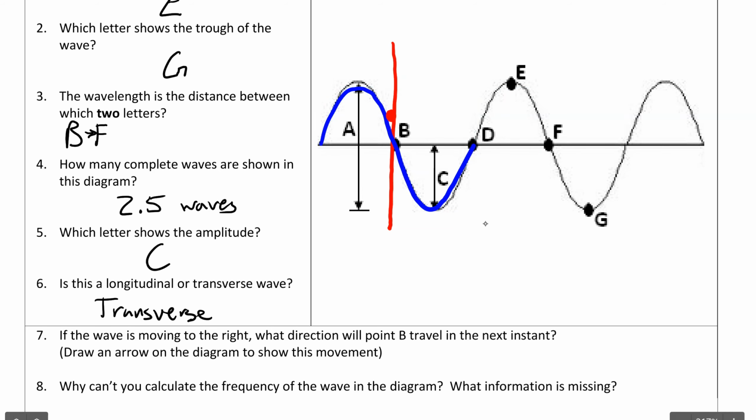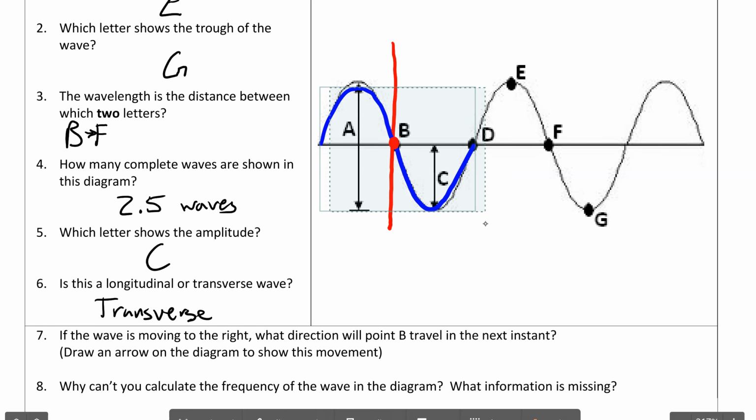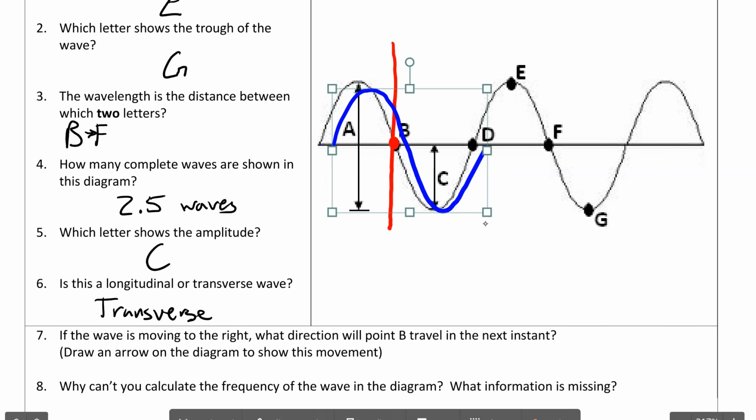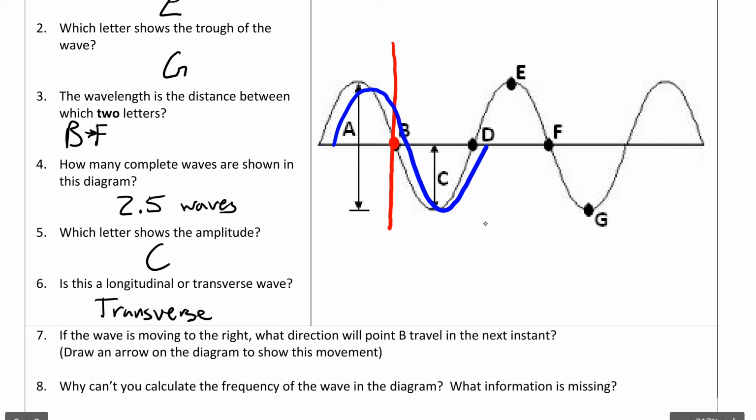Look at point B. Doesn't point B want to go that way? No. You have to visualize the wave moving across. And as it goes across, point B has to stay on this line, and it's being forced up above the wave. So it goes up. That's the answer. Point B has to go upward.